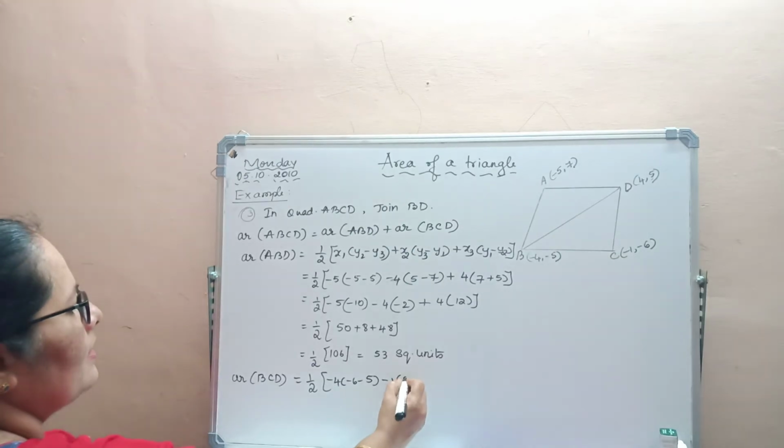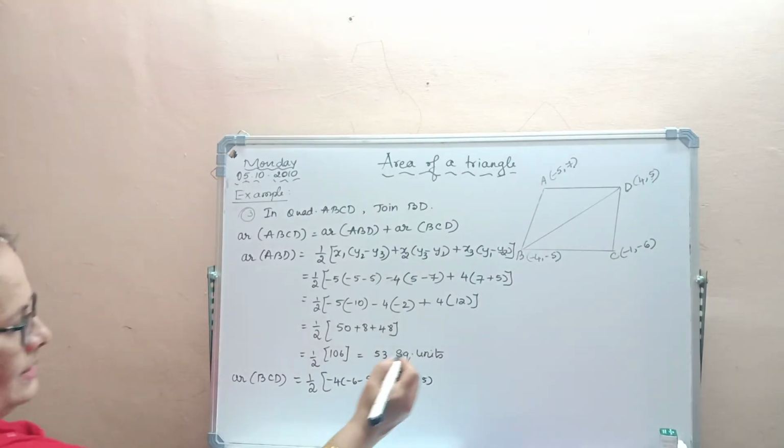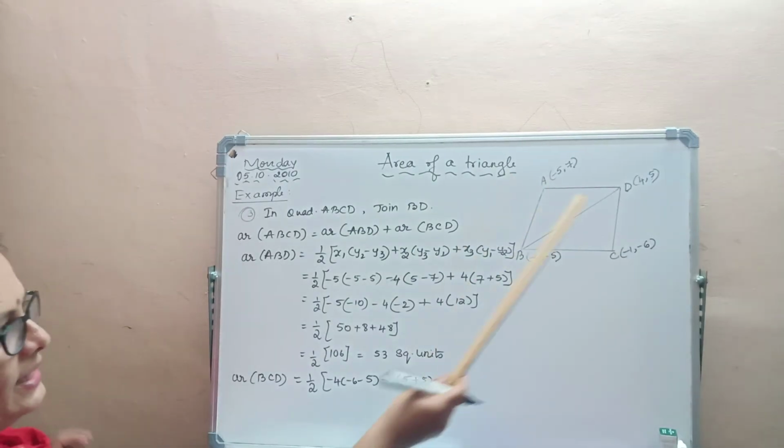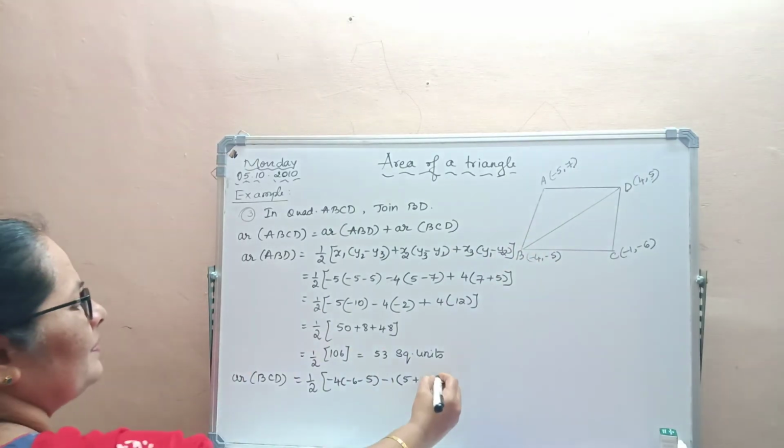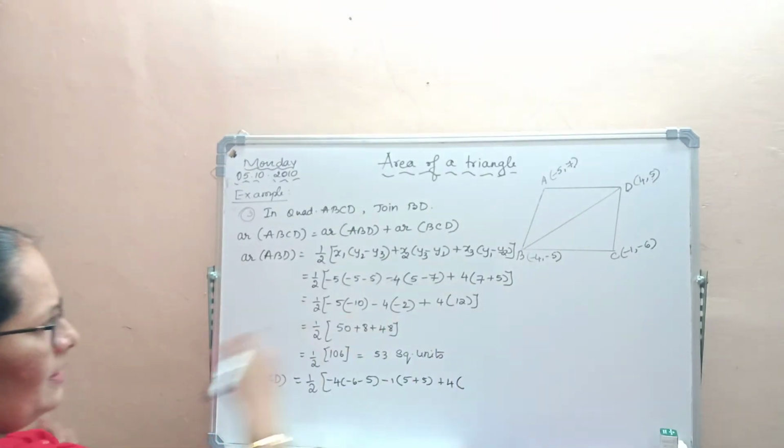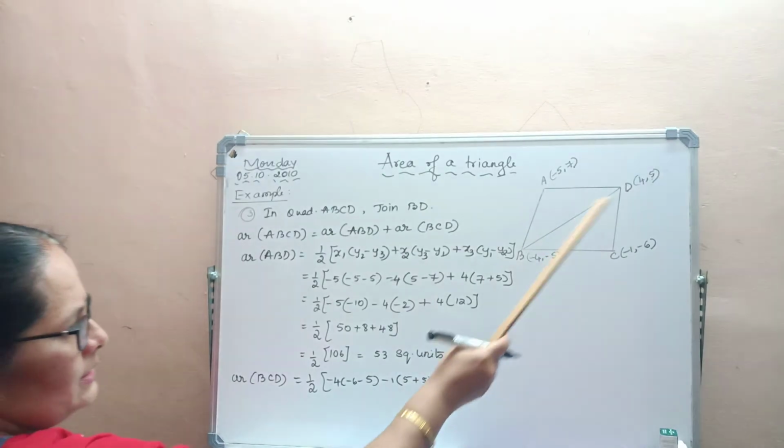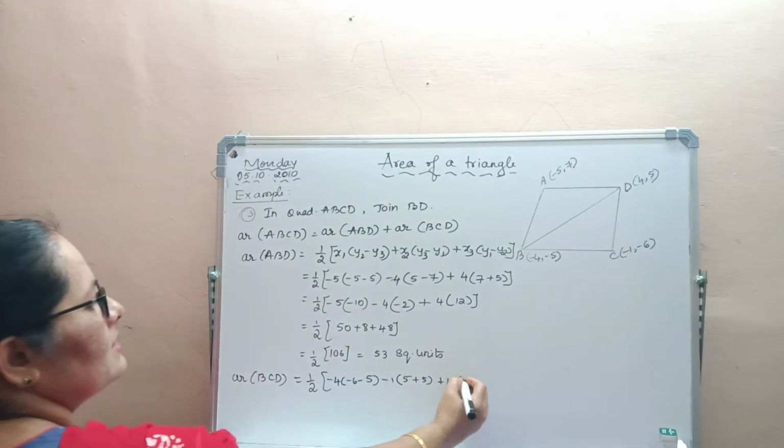Then x3 is 4. Then minus 5 minus of minus 6 is plus 6.